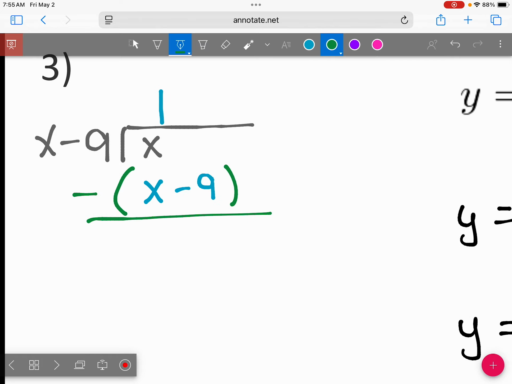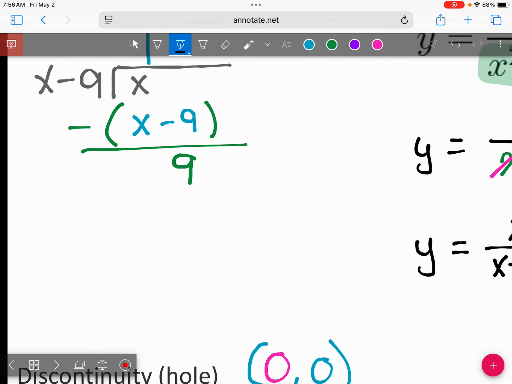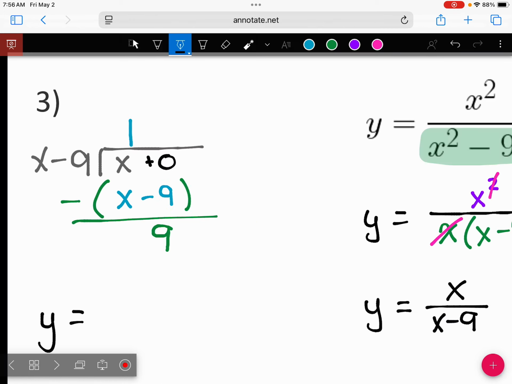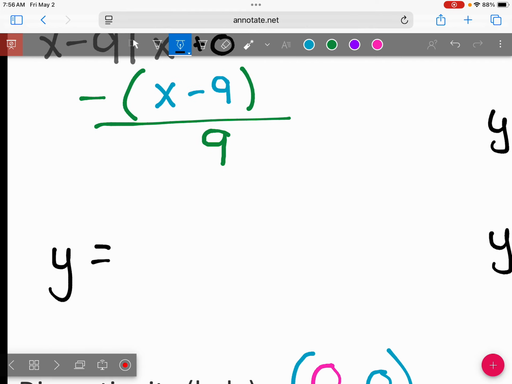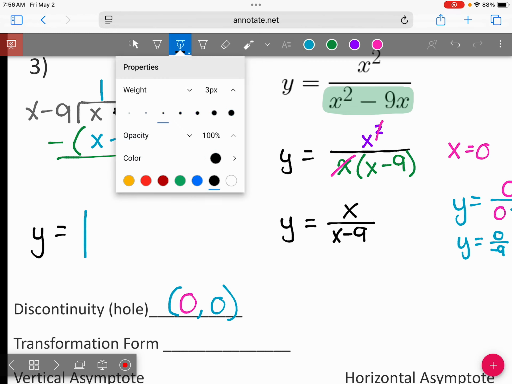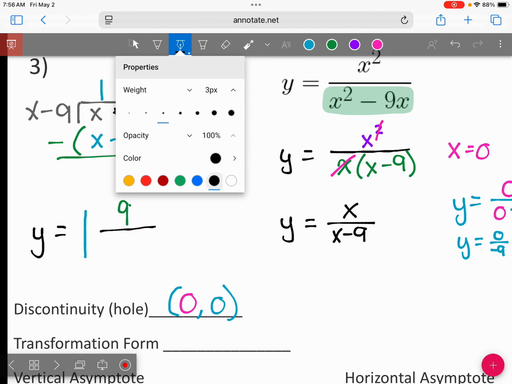Our x's cancel out, and we're left with 0 minus -9. So we actually got a positive 9 here, because this is the same thing as if it said plus 0 right there. So our kind of mixed numbery looking thing is going to be our 1 with our 9 over x minus 9.